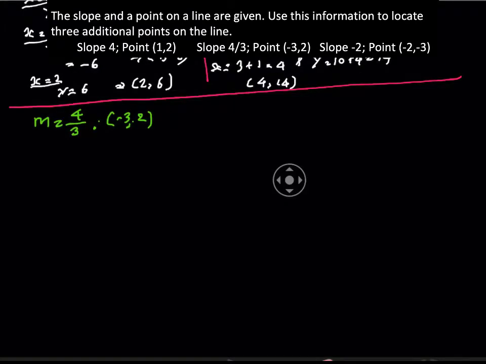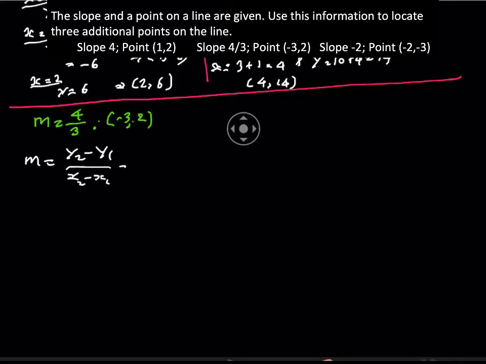Okay, second one, m equals 4 over 3 and point is (negative 3, 2). Let me write this down again. m equals y2 minus y1 divided by x2 minus x1, so 4 over 3.